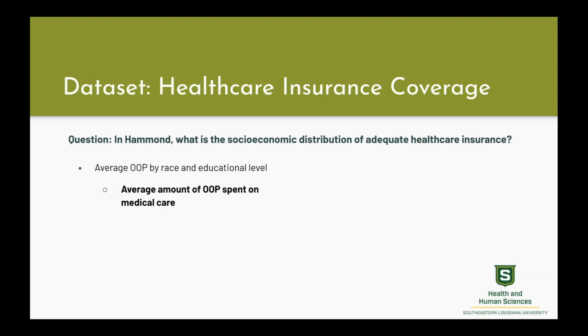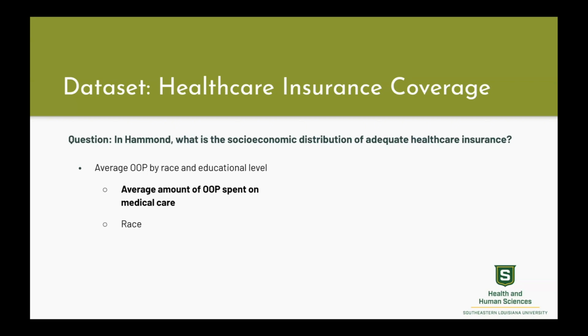To be clear, when I say average out of pocket payments, I'm looking for the average of this variable. If this had been a different variable, it would be the average of whatever the variable name is. So for this question, I'm interested in the average of the average amount of out of pocket payment, with this being the name of the variable, so that you don't get confused.